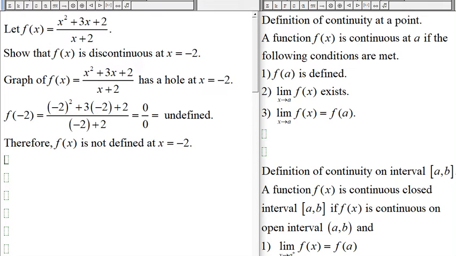And therefore we say that f of x is discontinuous at x equal to negative 2.